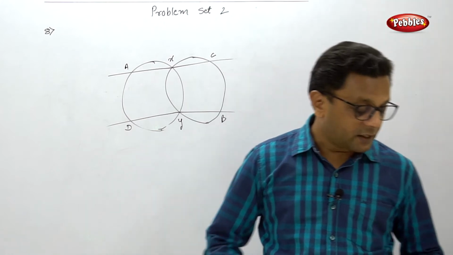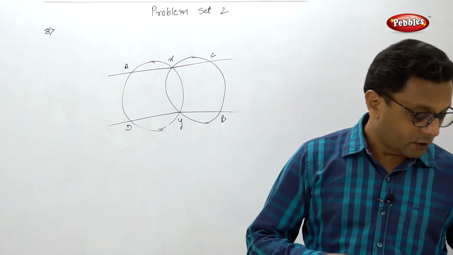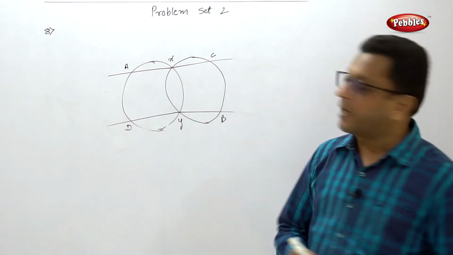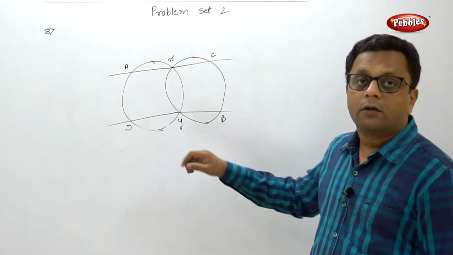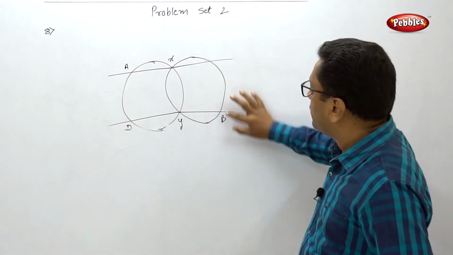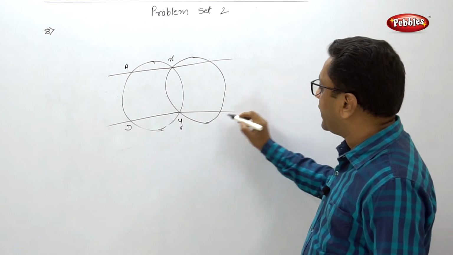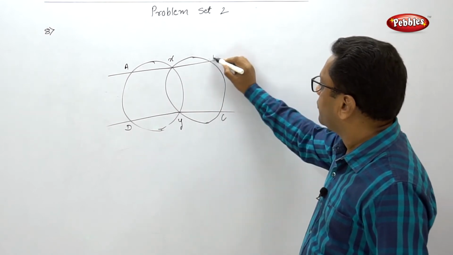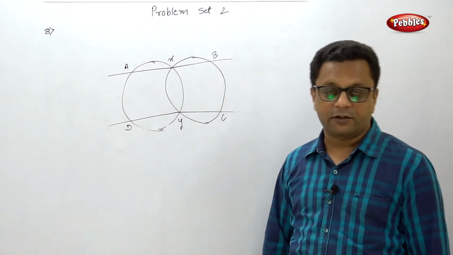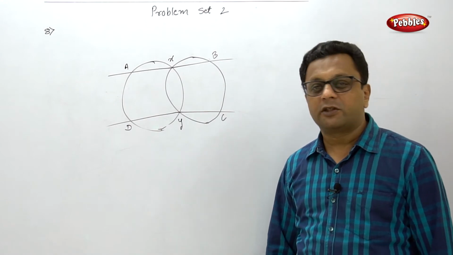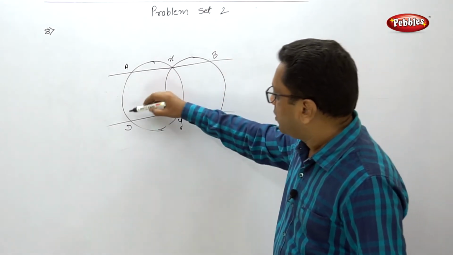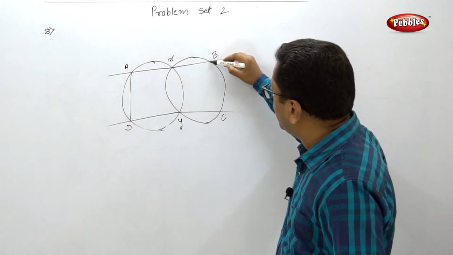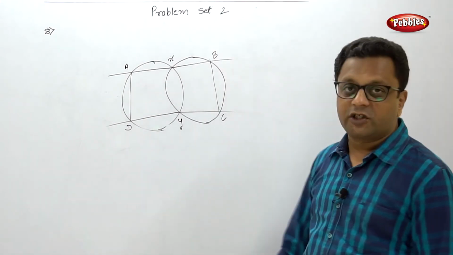In this case, we have to show that the line AD is parallel to BC. Even if your figure is not like this, you may not miss the answer, only the points will change.